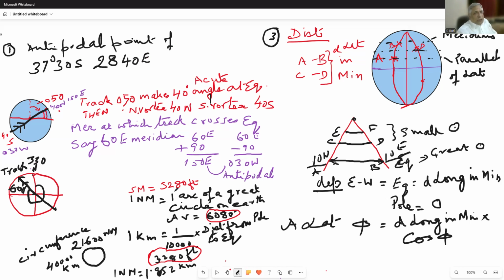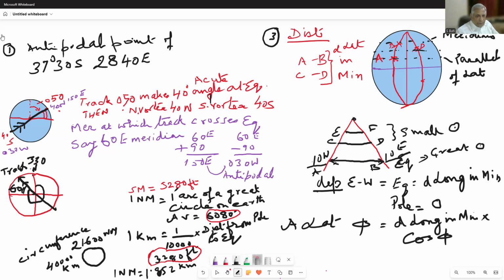Apply the same logic. Latitude, change the polarity, longitude 180 minus your longitude, and also change the polarity, and you will get your answer. Right?